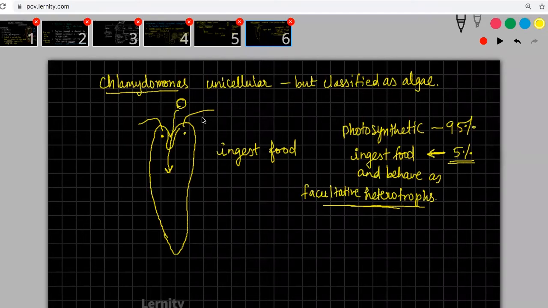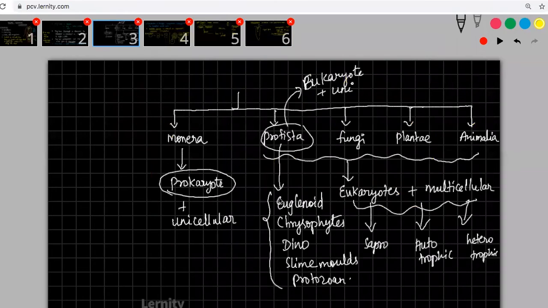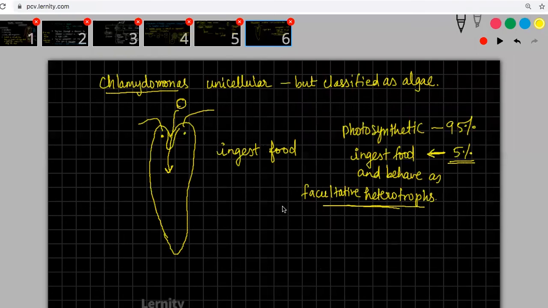Because it is unicellular and photosynthetic, naturally it should have come under Protista. But since the complexity of structures is involved, they are kept under Plantae, under algae. So that is something you need to understand.